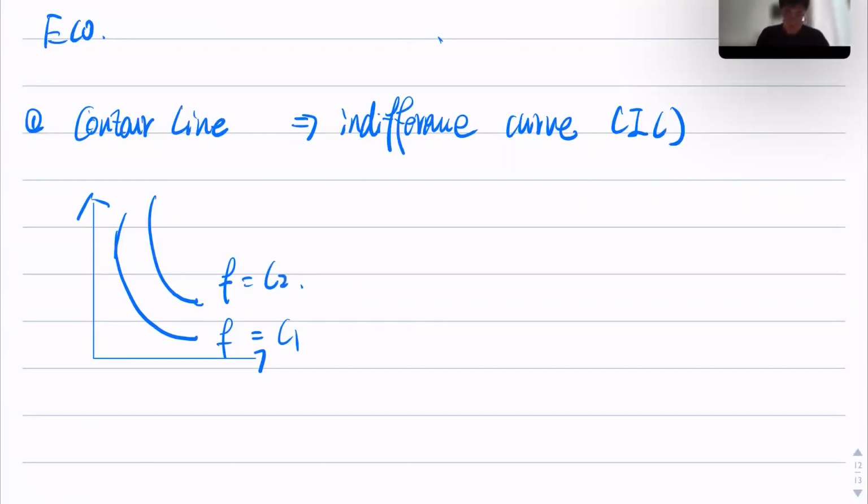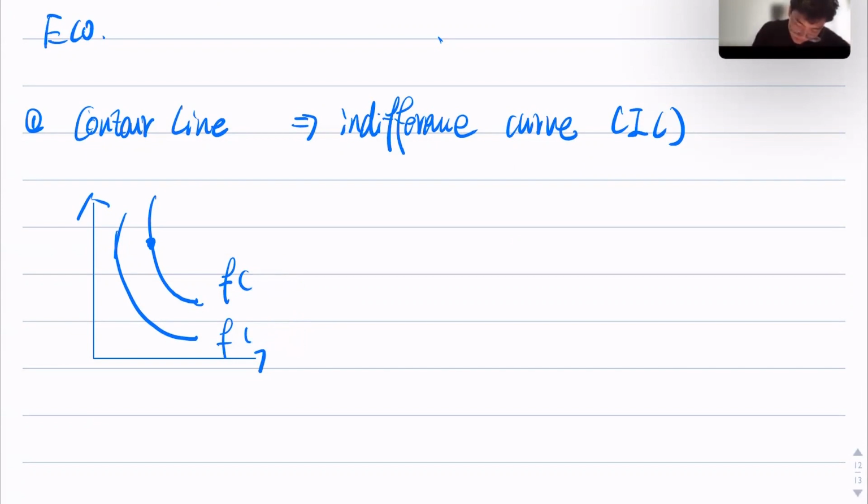Since it's the same function but with different contour lines, these are basically two different contour lines. So at these points, all of the x, y values, we define f as f of x, y.